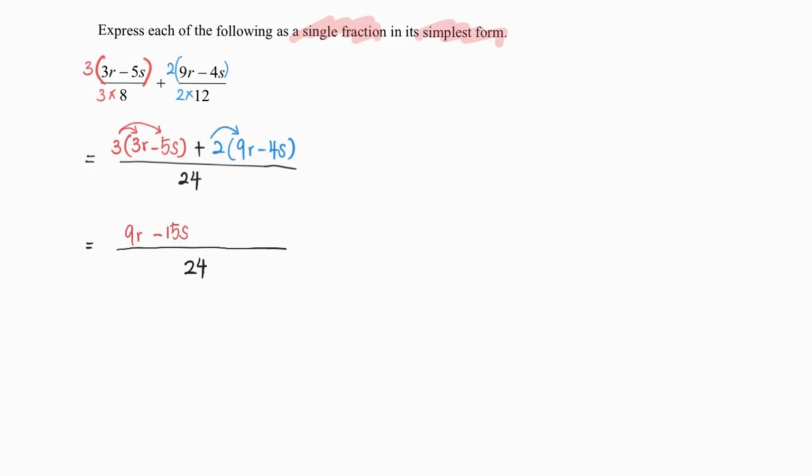Positive 2 times 9r, positive 18r. Positive 2 times negative 4s, negative 8s. And I just need to simplify.